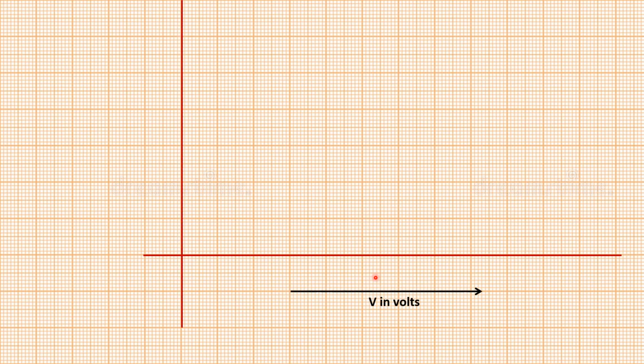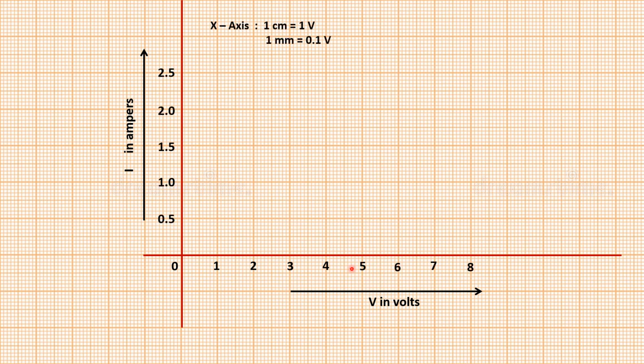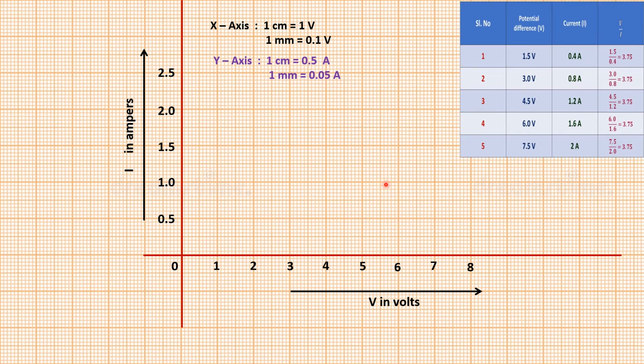So on the x-axis, 1 centimeter equal to 1 volt, that is 1 millimeter equal to 0.1 volts. On the y-axis, 1 centimeter is 0.5 amperes, 1 millimeter equal to 0.05 amperes.